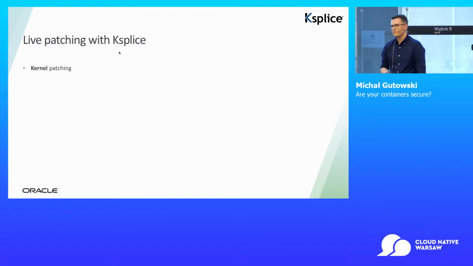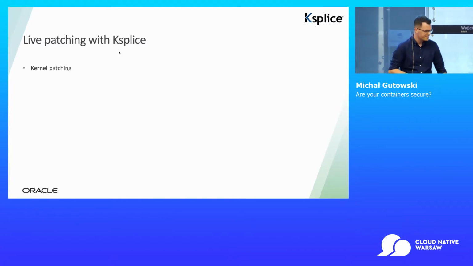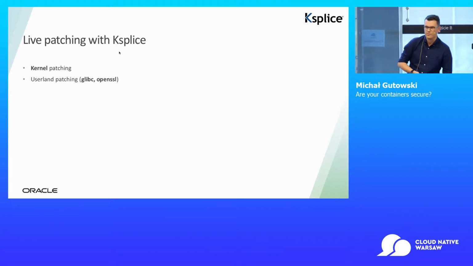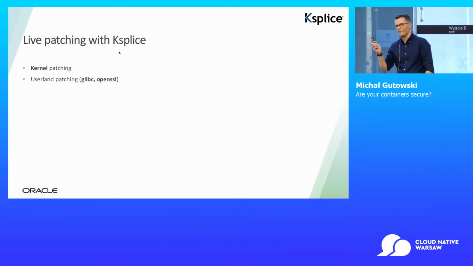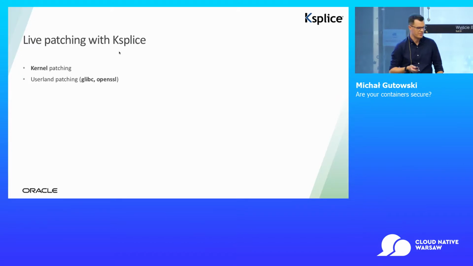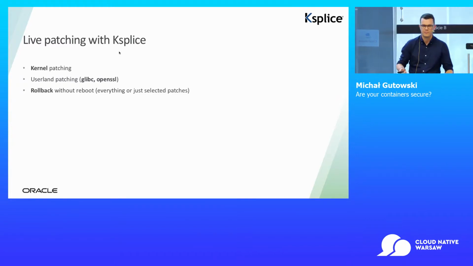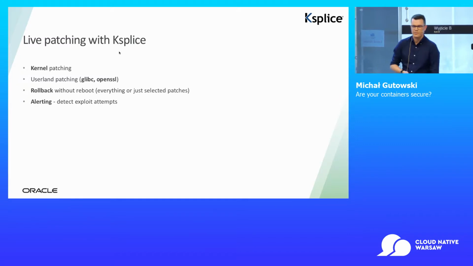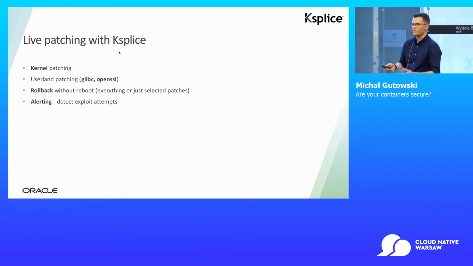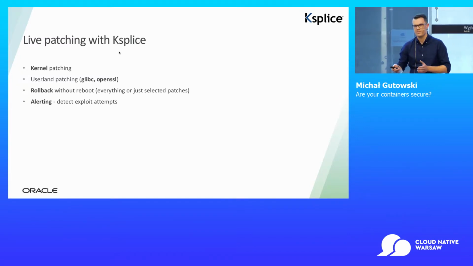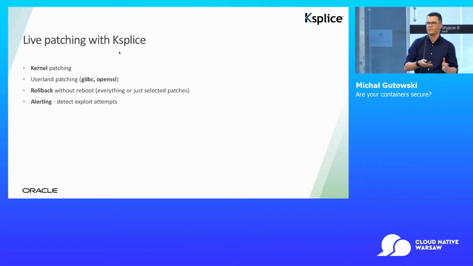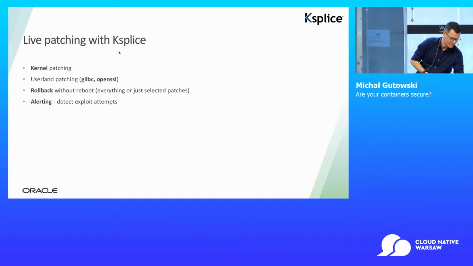So what can we do? We can do kernel patching. We can do userland patching. With this method we can patch glibc or OpenSSL. We can also roll back everything without reboot and without any disturbance. We have alerting, so once we applied our patches, we can see if anyone wants to take advantage of the security hole that we just patched.